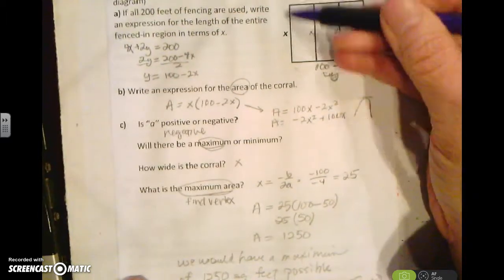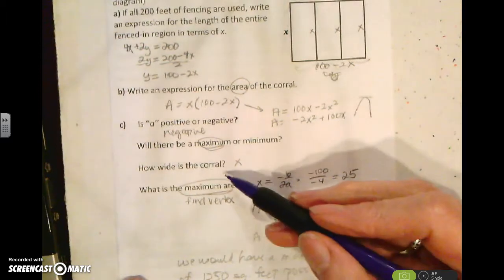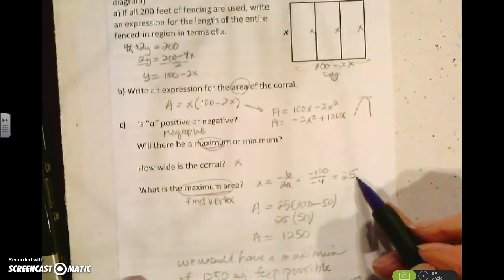So keep in mind what X represented. X represented the width of the whole thing. So when we found X down here, that's what we are finding.